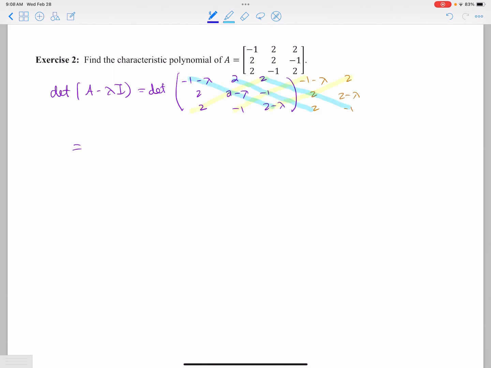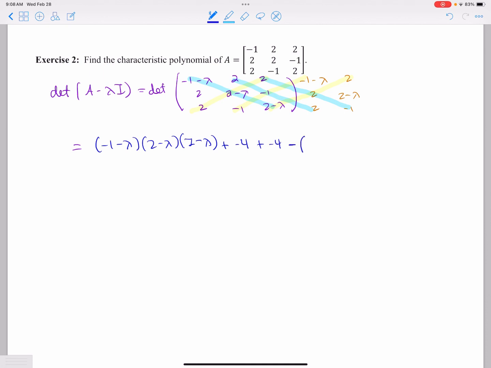Combining the bottom ones, so I have negative 1 minus lambda times 2 minus lambda times 2 minus lambda, plus the 2 times negative 1 times 2, which is negative 4, plus negative 4 again.